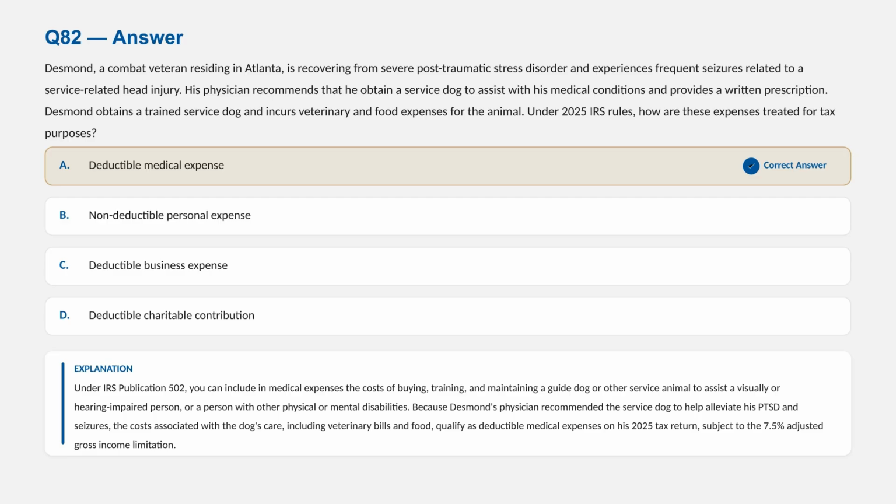Because Desmond's physician recommended the service dog to help alleviate his PTSD and seizures, the costs associated with the dog's care, including veterinary bills and food, qualify as deductible medical expenses on his 2025 tax return, subject to the 7.5% adjusted gross income limitation. Great. Now let's move to our next question.